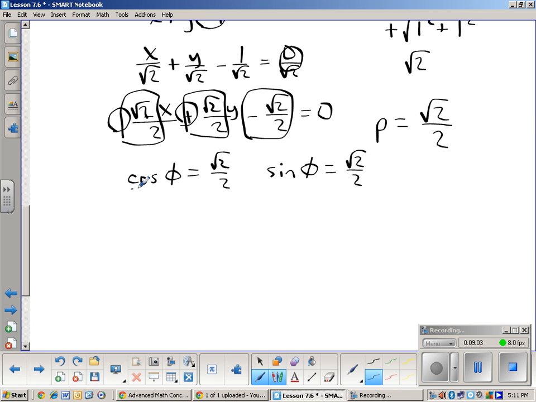And so when is the cosine equal to square root of 2 over 2? That is when phi is 45 degrees. And when is the sine equal to square root of 2 over 2? Also when phi is equal to 45 degrees. Now you don't have to do both of these. We only need to find the value of phi once. But it is important that we notice the signs and make sure we're in the right quadrant to get the angle we want. Since they're both positive, we're in quadrant 1.